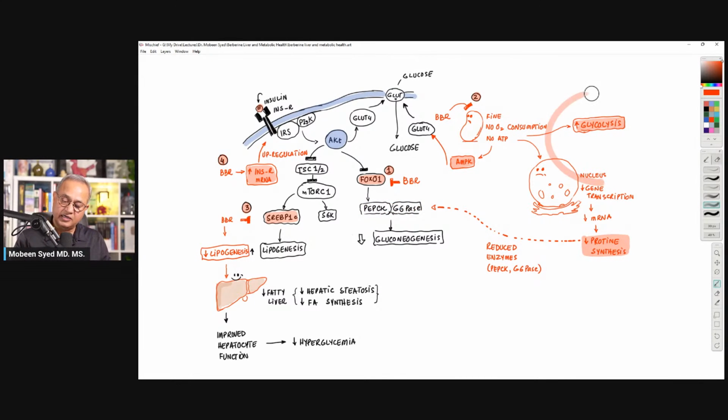In addition to that, it causes glycolysis, or glucose breakdown. In addition to that, it causes more glucose uptake from the environment, which would also reduce hyperglycemia. That is a positive effect outside the cell. So it is helping the cell inside. It is also helping the environment by taking the glucose and picking it up.